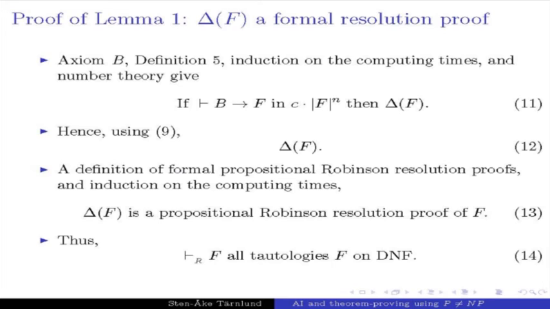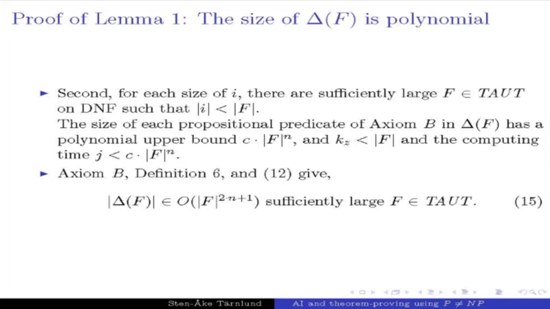Then, if we have 9, we get a formal propositional proof of F in Robinson resolution. If we have 11, then we can say safely that there exists a resolution proof of F for all tautologies on the DNF. That is what we can say here, right? Because we produced the proof. And then we can at least say that there exists a proof. But it remains to measure the size of it.